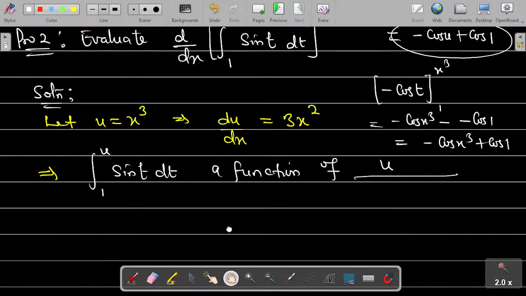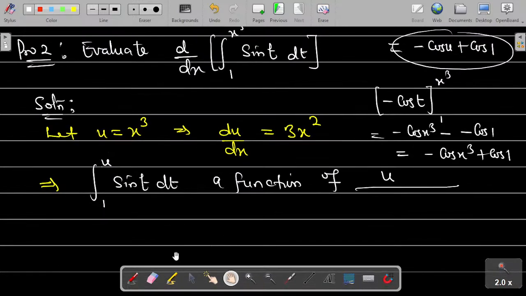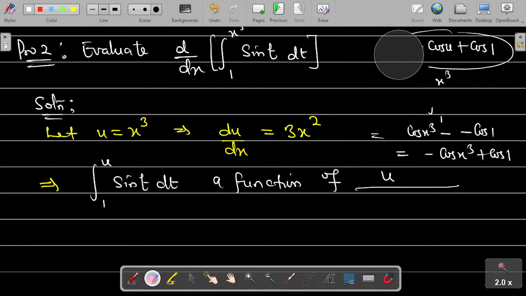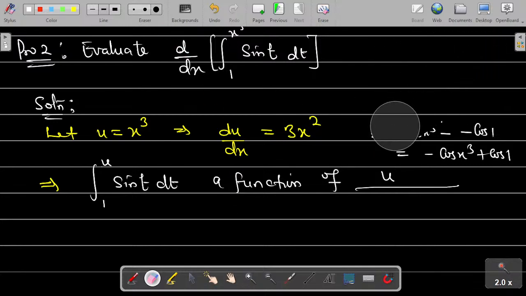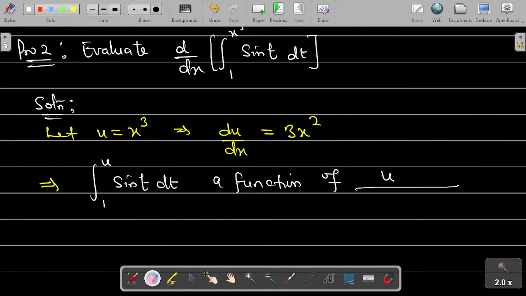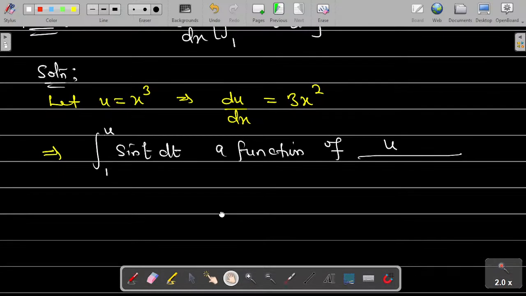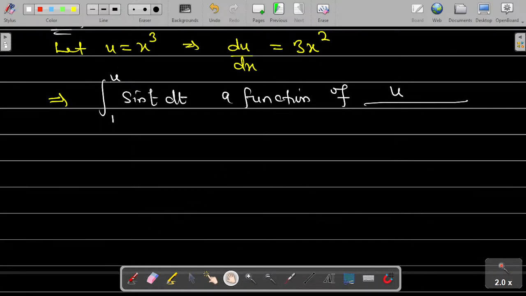That's exactly what is required. Then let me remove this. This is just to show us how we got that it is a function of u. While we continue with the solving, as we solve we fill in what is necessary.